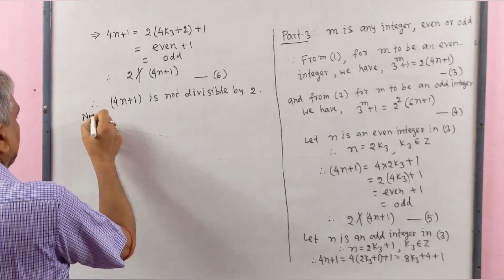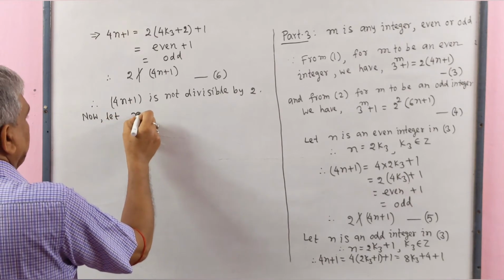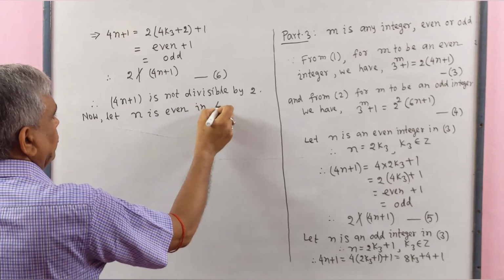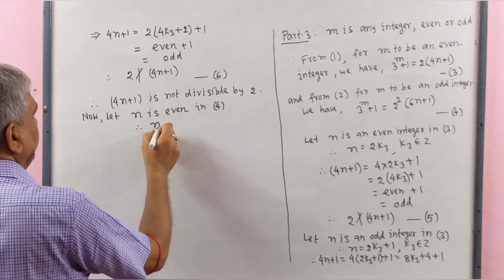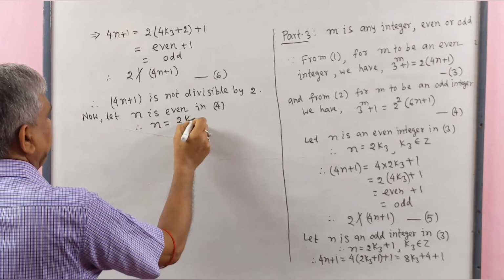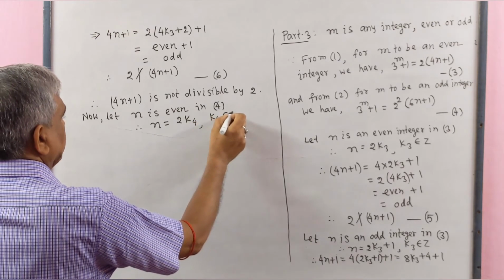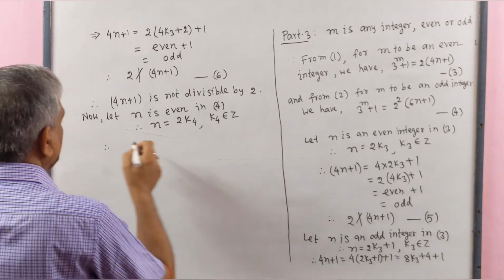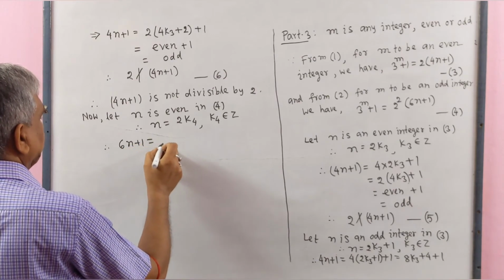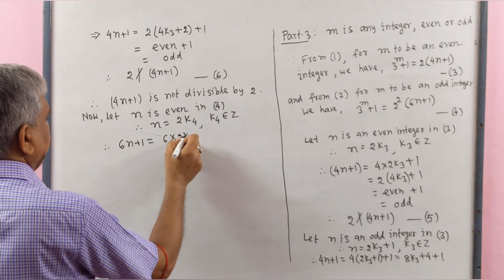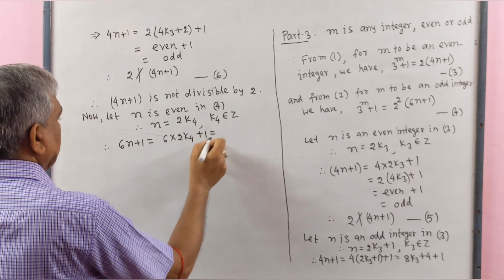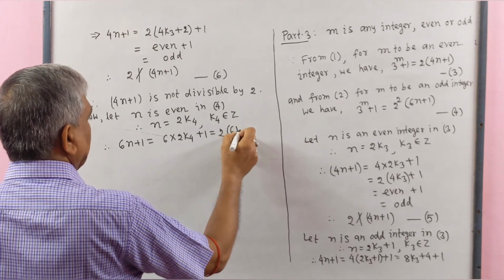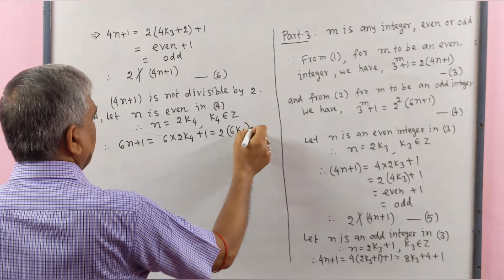Now let n be even in 4. Therefore, n will be of the form 2k4, k4 belongs to Z. Therefore, from 4, 6n plus 1 equals 6 multiplied by 2k4 plus 1, which equals 2 multiplied by 6k4 plus 1.